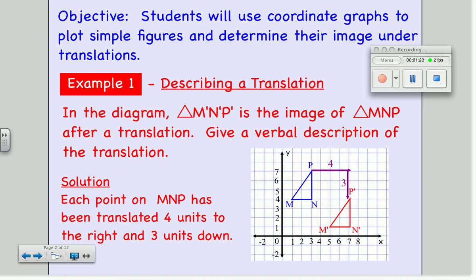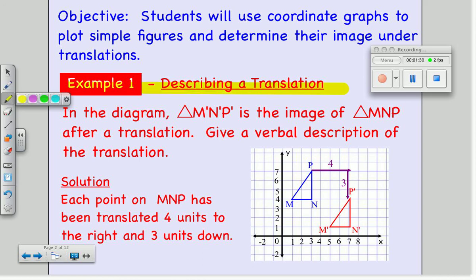So in other words, what I did was I took MNP, and by the way, you're writing this whole thing, you're writing all of it. I just haven't done it yet, but I just wanted to make sure you're aware of this. So you are, I'm going to use a different color blue. What I'm saying here is I've taken triangle MNP, and I translated it.